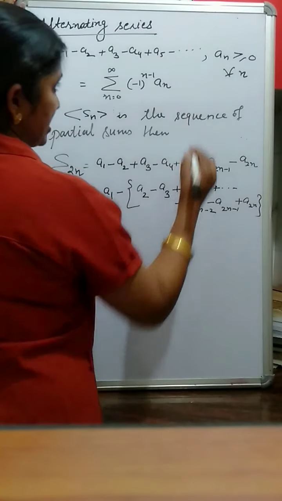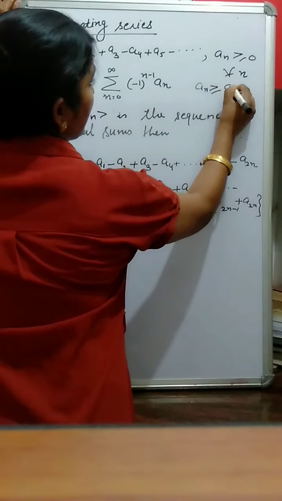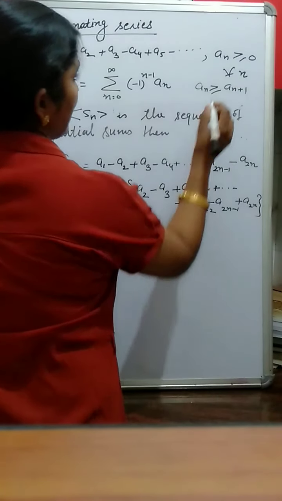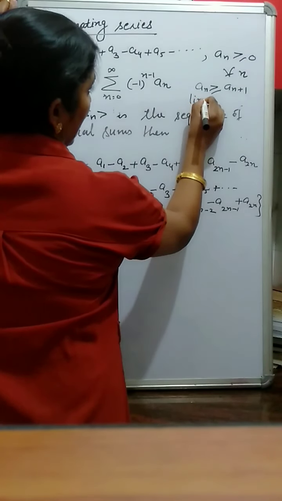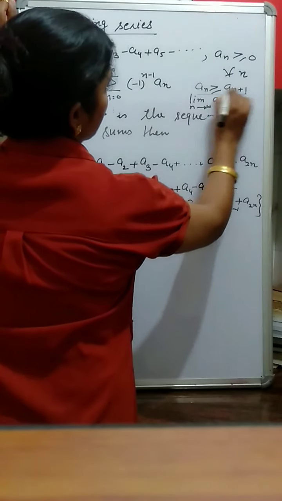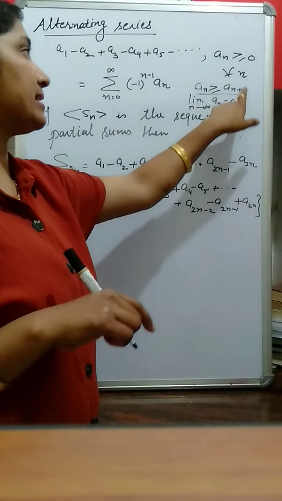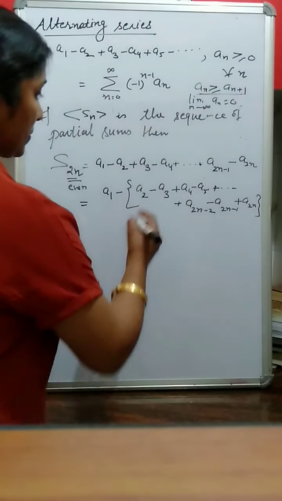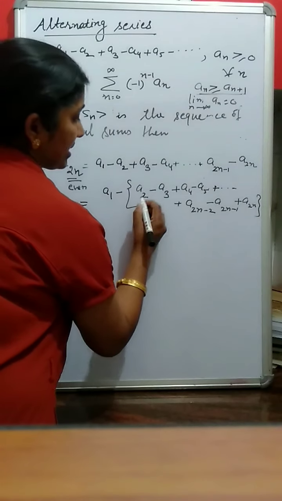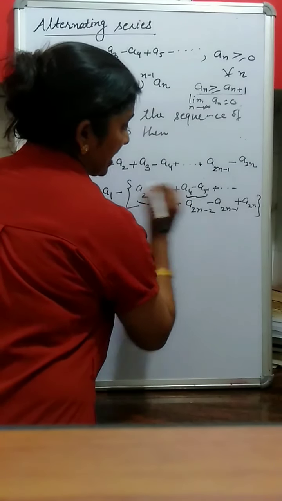The two conditions. The first condition was that an is greater than or equal to an plus 1, and the second condition was that the limit as n approaches infinity of an is 0. First condition: every term with lower suffix is greater than or equal to the term with higher suffix. So a2 is greater than or equal to a3, a4 is greater than or equal to a5.